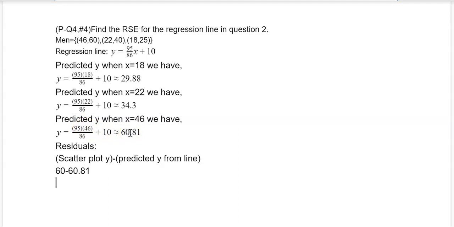And then going on to the next one, the scatterplot y value corresponding to 22 is 40, so it'll be 40 minus the predicted y value when x is 22, which is 34.3. And lastly, the scatterplot y corresponding to 18 is 25, and the predicted y value when x is 18 is 29.88.